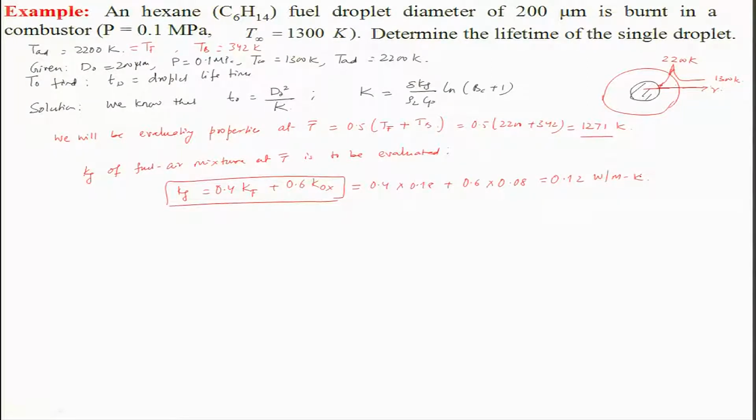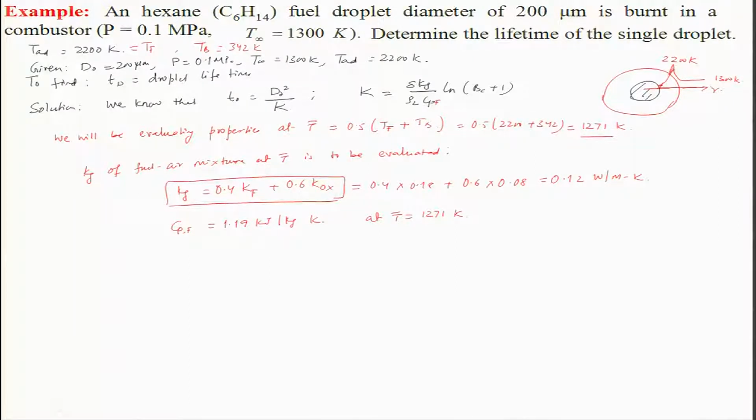Similarly, Cp you will also have to evaluate, but the Cp we are taking is basically that of the fuel. Cpf we are considering as 1.19 kilojoule per kg Kelvin at T average 1271 Kelvin.